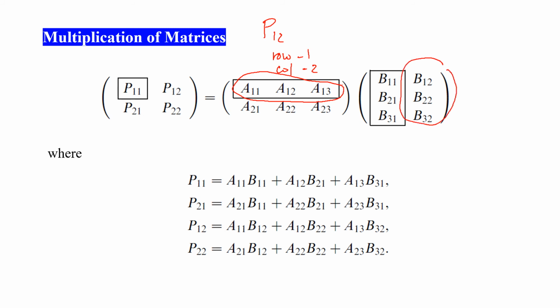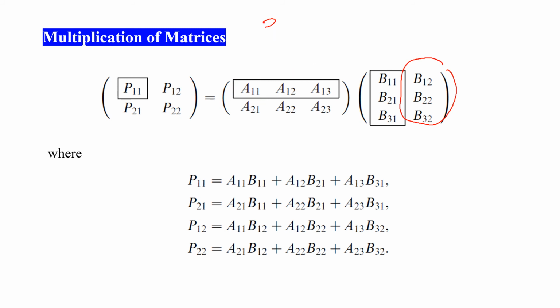So your P12 is equal to A11 times B12, plus A12 times B22, and A13 times B32. So your P12 is equal to A11 B12 plus A12 B22 plus A13 B32.